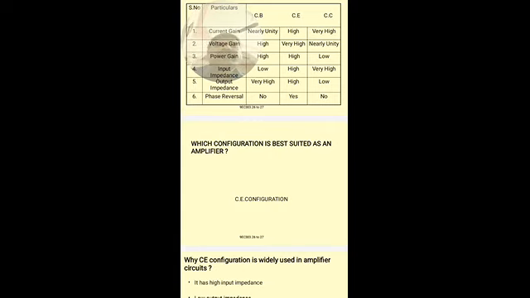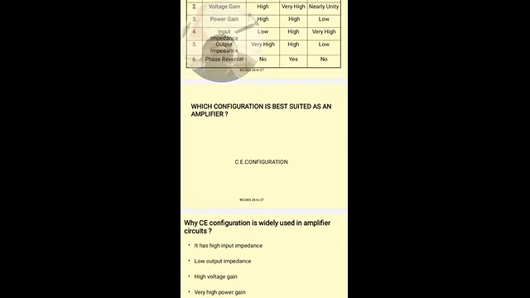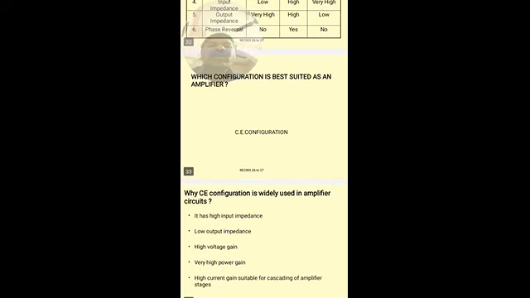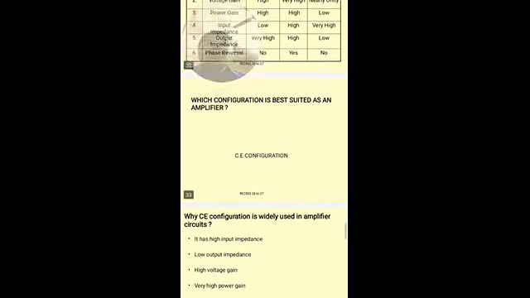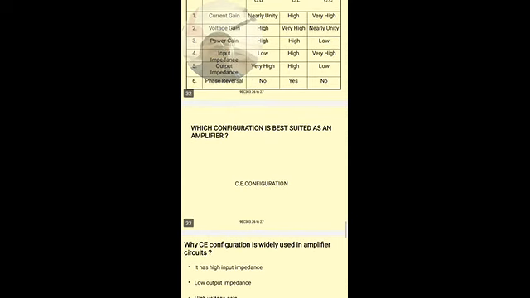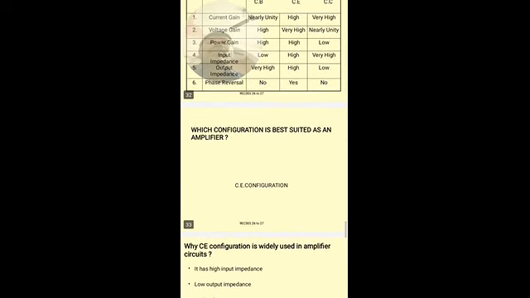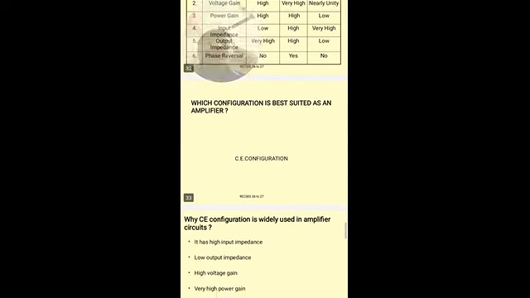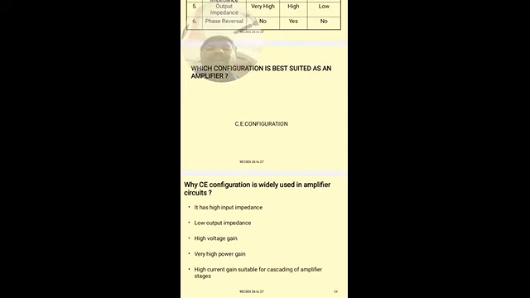So coming to which configuration is best suited as an amplifier, why is the CE configuration widely used in amplifier circuits? We have moderate input and output impedance, and voltage and current gains are both possible with the CE configuration.